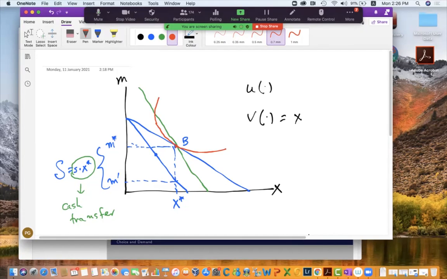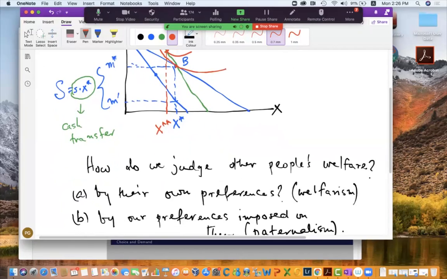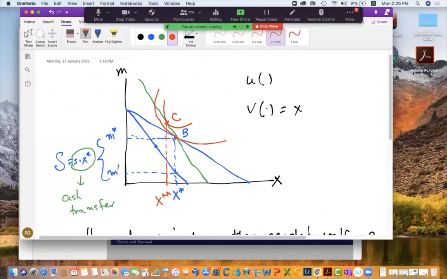As a result, the new point of tangency will be in this direction. So compared to the subsidy program, the household will consume less food. So if there's a paternalistic objective to make them eat more, then the subsidy program would be better.